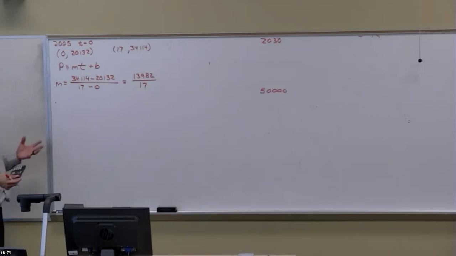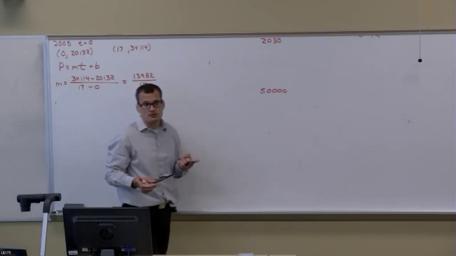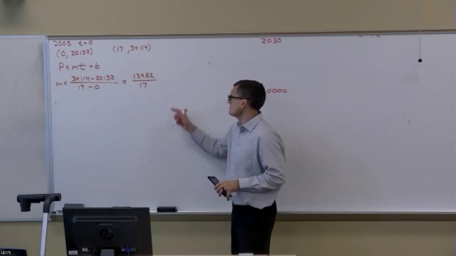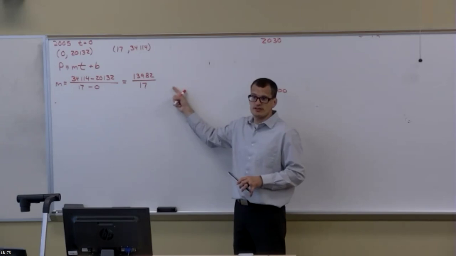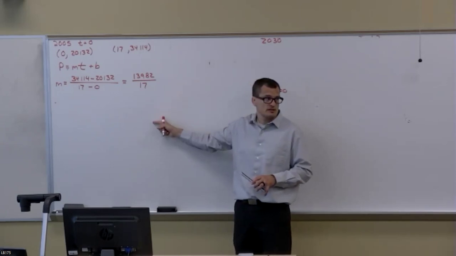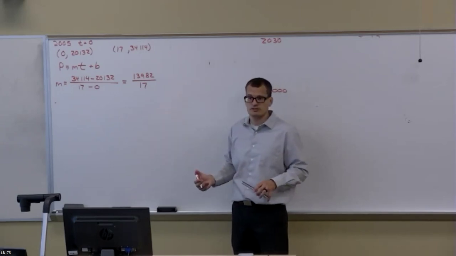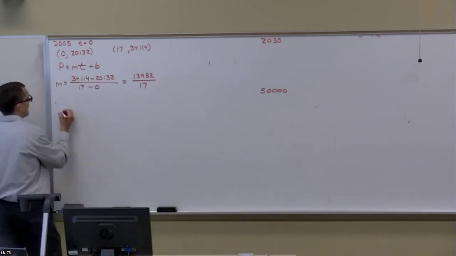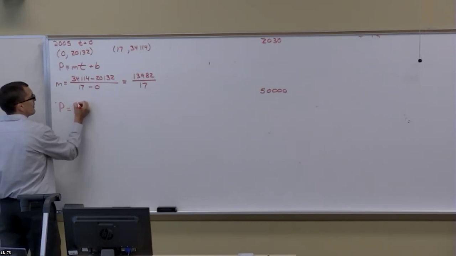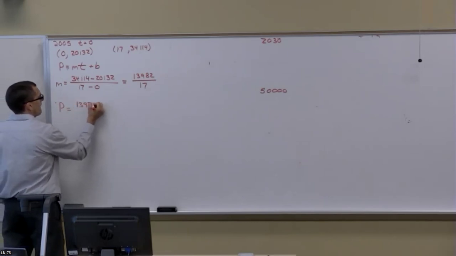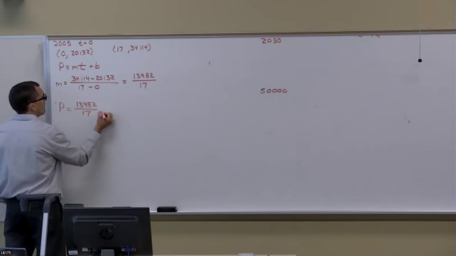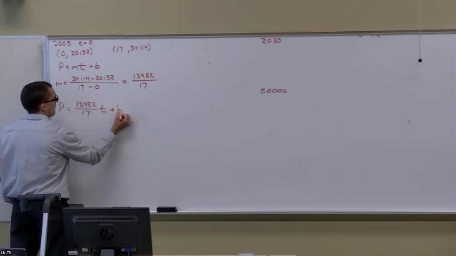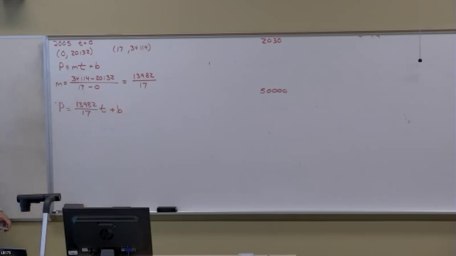So I probably won't use the decimal version when I write the equation, because that would be a rounded version. I'd probably just use the improper fraction and leave it as such.